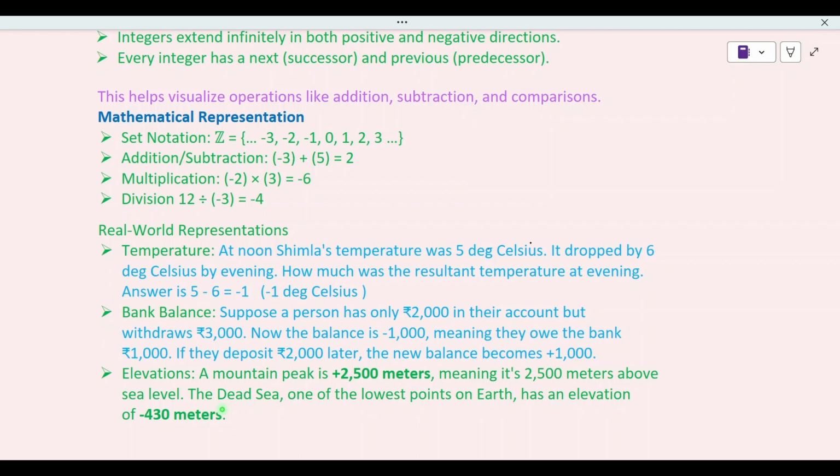On the other hand, the Dead Sea, one of the lowest points on Earth, has an elevation of -430 meters, which means the Dead Sea's lowest point is 430 meters below mean sea level. So this is how we use integers.